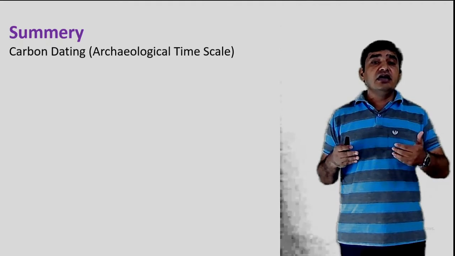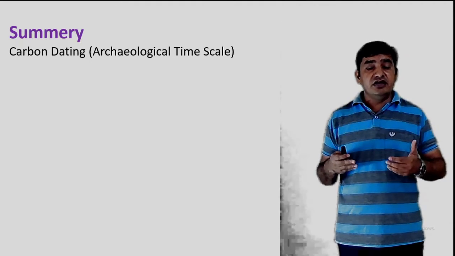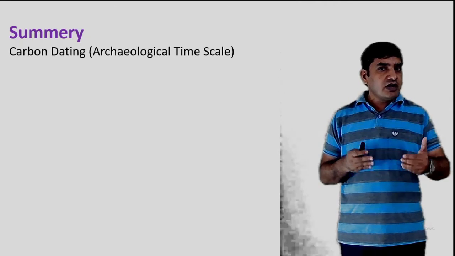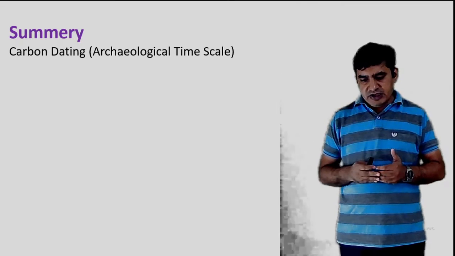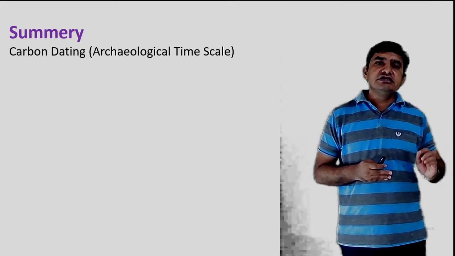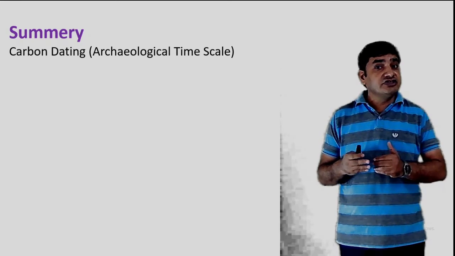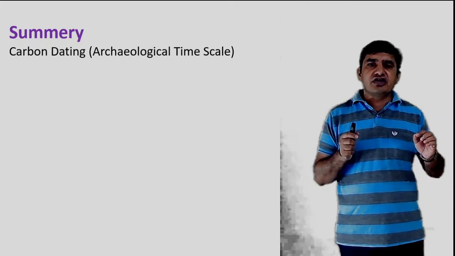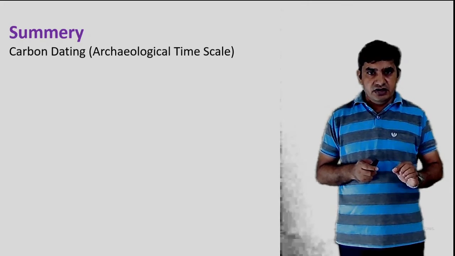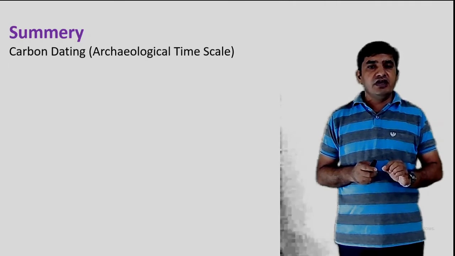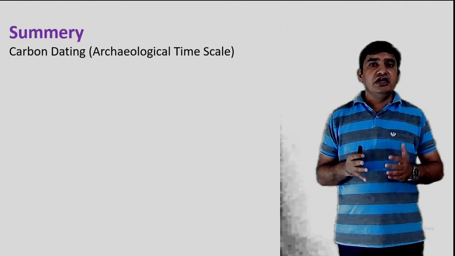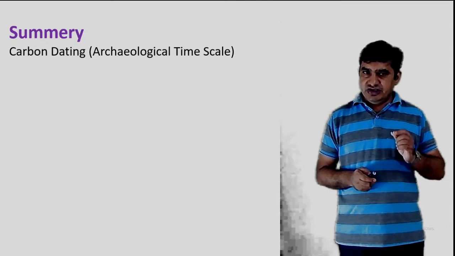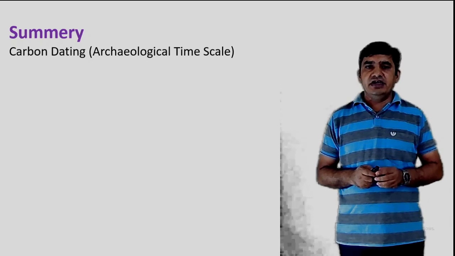But when the trees or living animals die, this ratio changes, because carbon 14 is radioactive. By calculating this ratio, we can find the age of any charcoal, fossil or dead animal. So this is carbon dating.